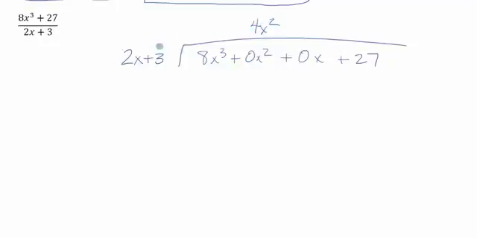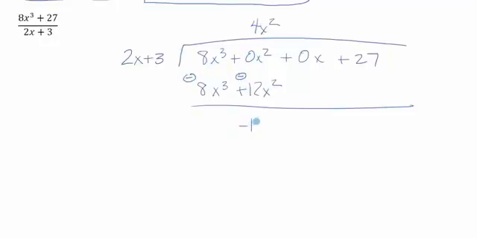4x squared times 2x plus 3 is going to be 8x cubed plus 12x squared. Draw your line, change your signs, add down. That's gone. We get a negative 12x squared plus 0x plus 27. Divide up again.